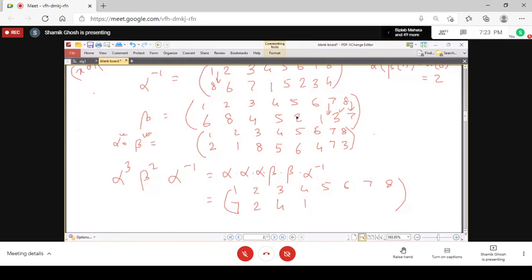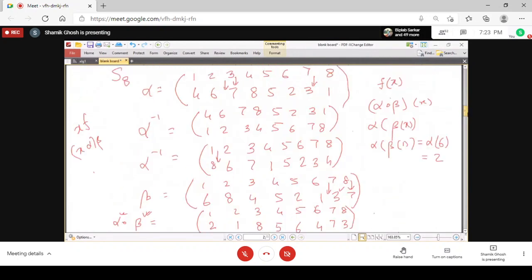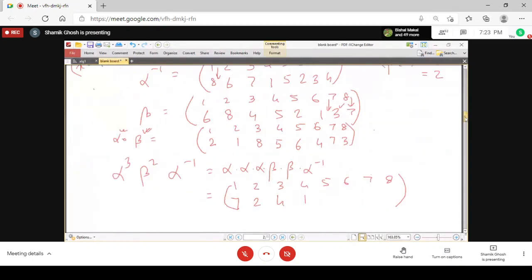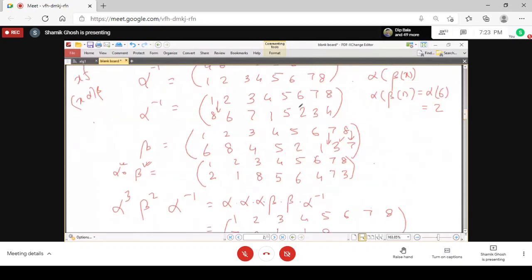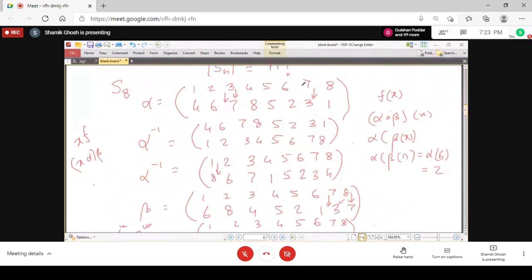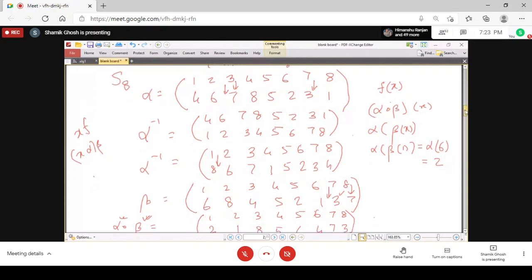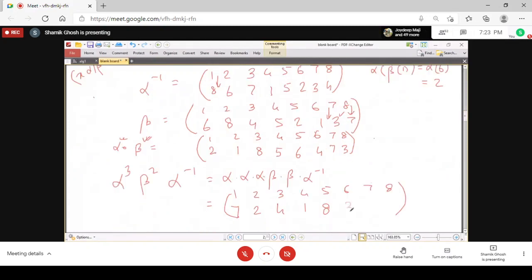Then 5 to 2, 2 to 8 under twice application of beta. And then 8 to 1, 1 to 4, 4 to 8. So 8 is the number here. For 6, we have 6 to 2, then 2 to 8, 8 to 7. Then 7 to 3, 3 to 7, again 7 to 3. So we have 3 here.